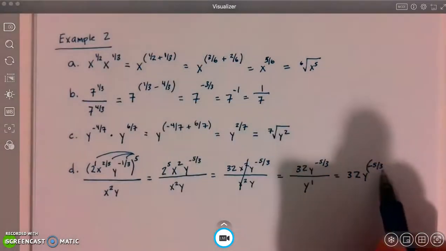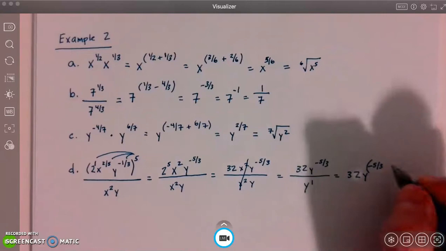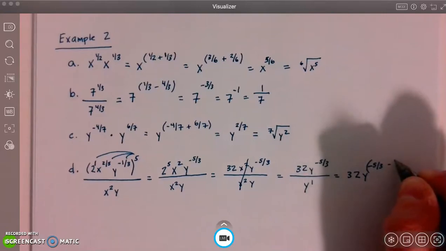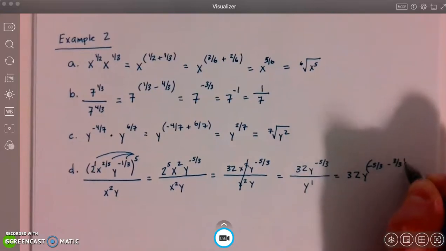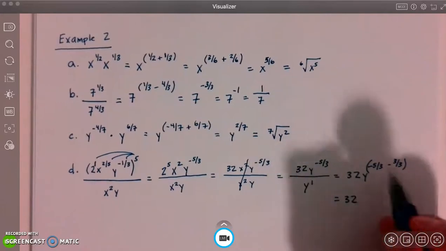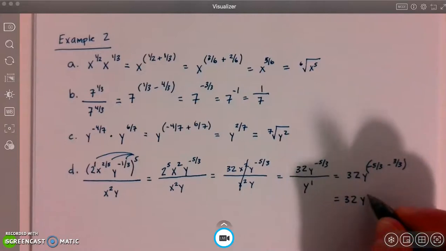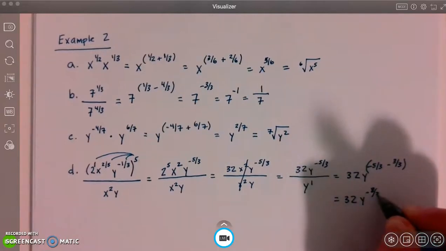I need a common denominator of 3. So 1 rewritten with that denominator is 3 over 3, so I have minus 3 over 3. Negative 5/3 minus 3/3 is y to the negative 8/3.